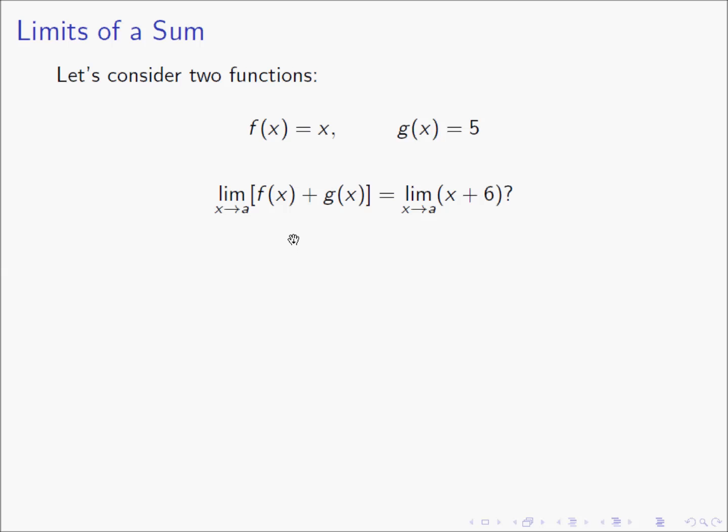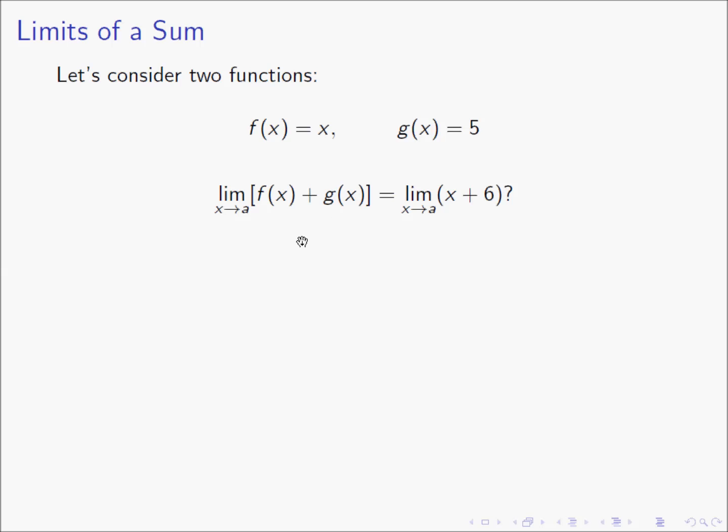Now let's talk about the limits of a sum. How do we calculate the limit of the sum of two or more functions? For that, we're going to consider two functions, f of x equals x and g of x equals 5. And we want to calculate the limit of the sum of these two functions.